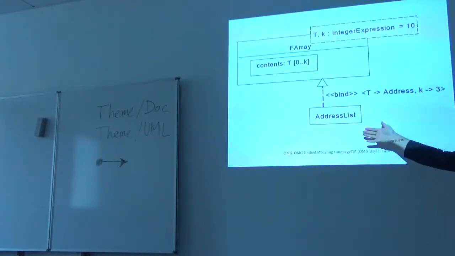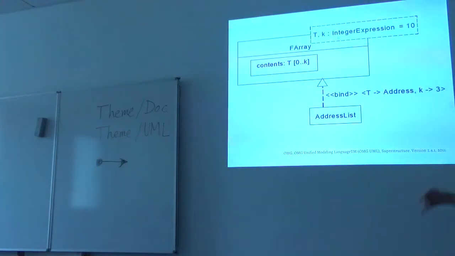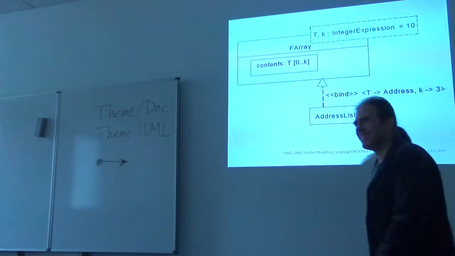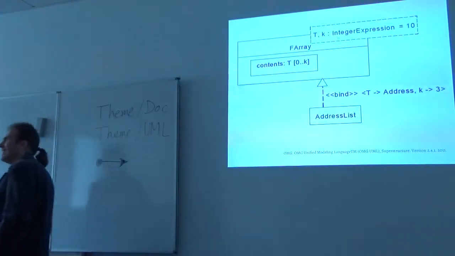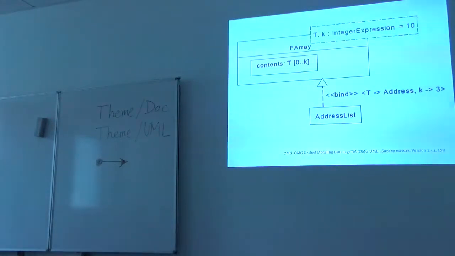And then you get this address list of length 3. Not very useful, but that's not my example. So the concept of binding was not present in UML at the time when the theme UML notation was constructed.